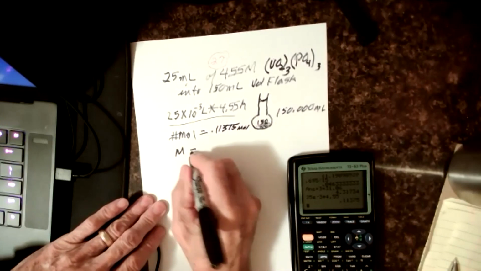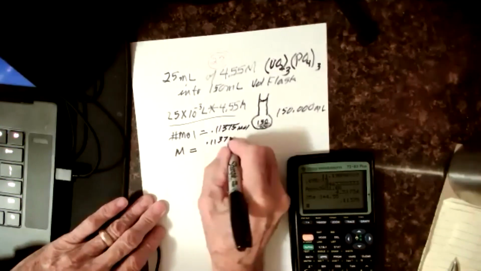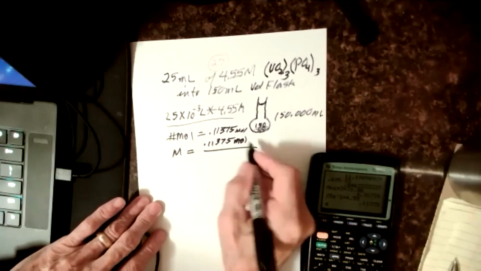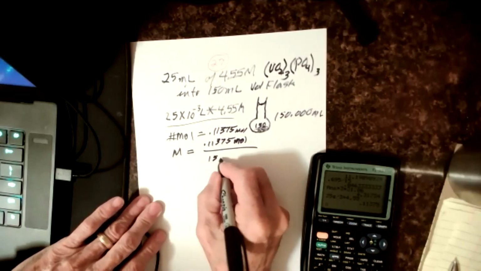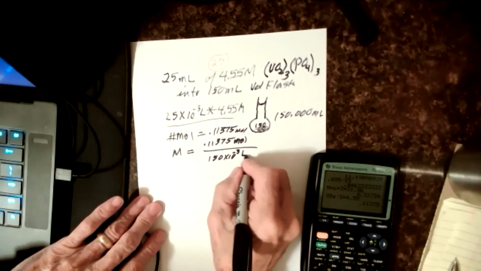Molarity is number of moles in number of liters. 150, well, it's 150 times 10 to the minus 3 liters.